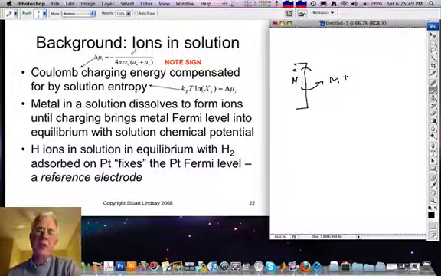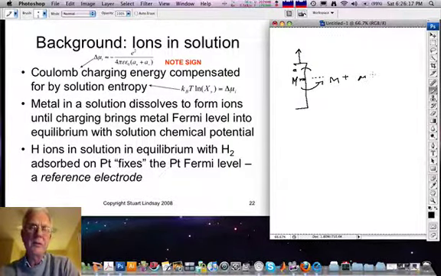This donation of an electron to the metal will raise the potential of the metal. The potential of the metal will continue to rise, atoms will continue to form ions in solution, until the point is reached where the Fermi energy, which moves upward in energy as the metal charges, exactly equals the chemical potential of the ions in solution.